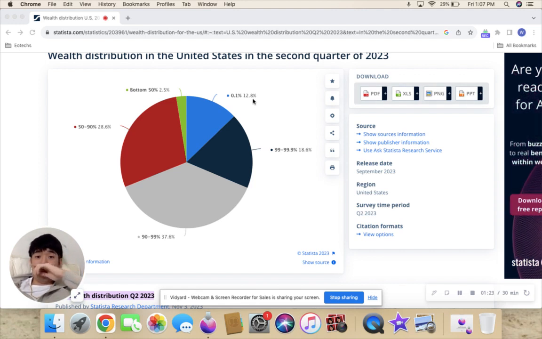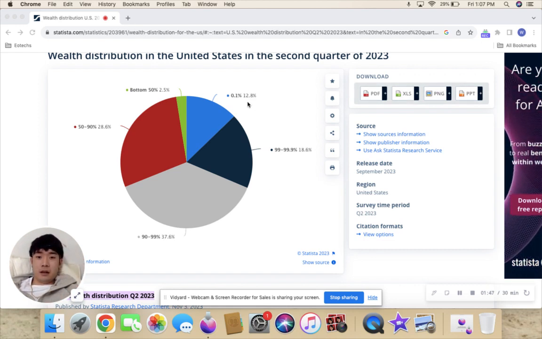So if you multiply this by 10, right? Go a whole decimal over, right? That would be $120 to every $100 of the 1%, right? Or actually, no, that's incorrect.